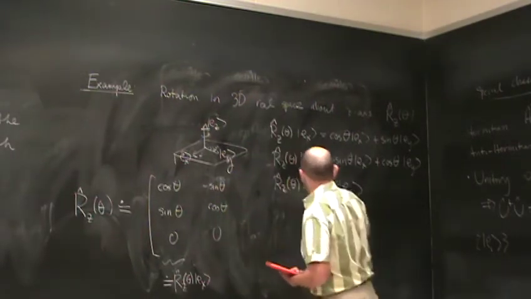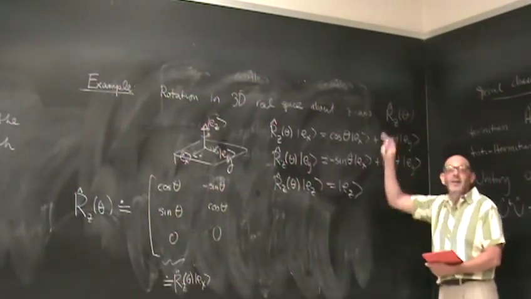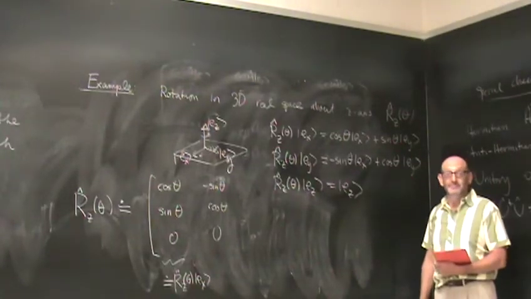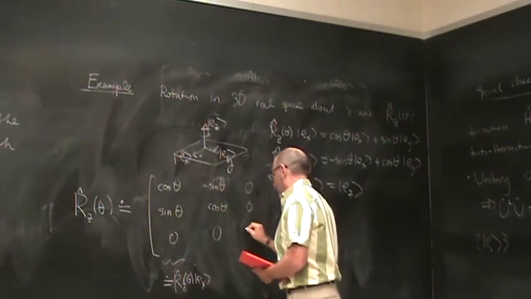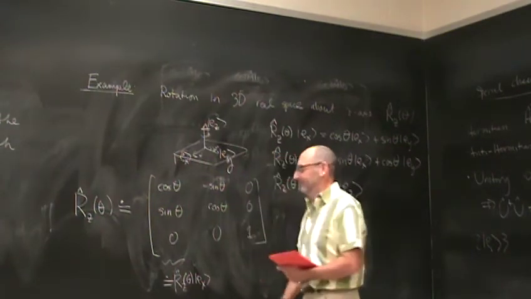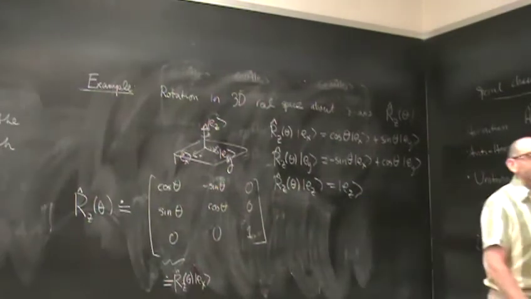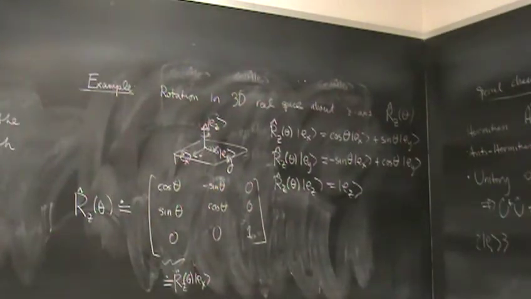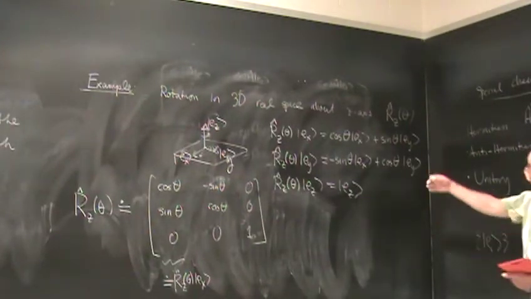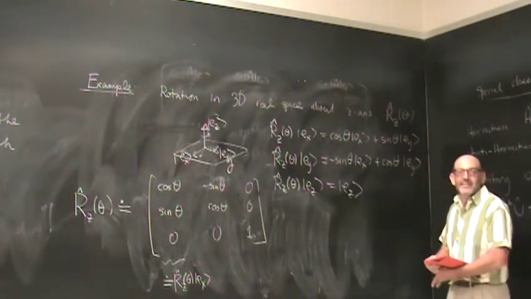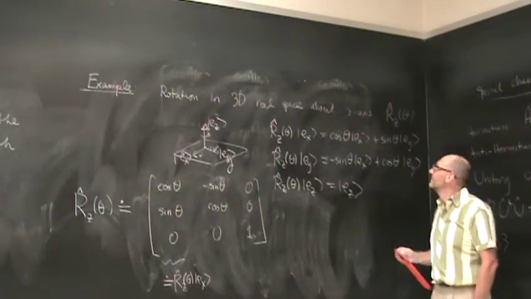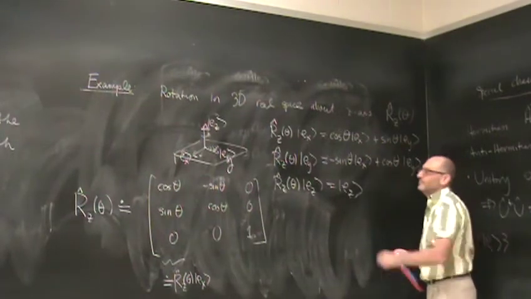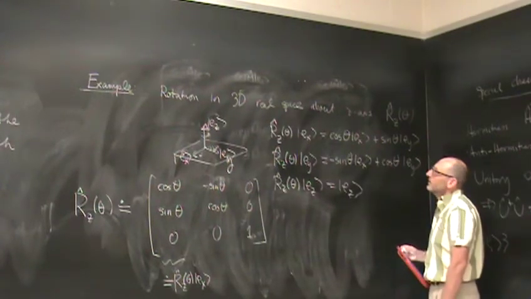That is the representation of this guy as a column vector. 0, 0, 1. Okay. Again, you could do the bras and kets. You'd get the same thing, right? Row, column, row, column. All right.